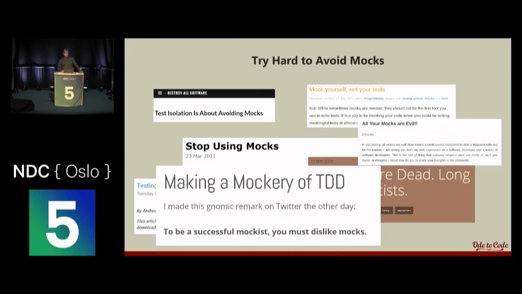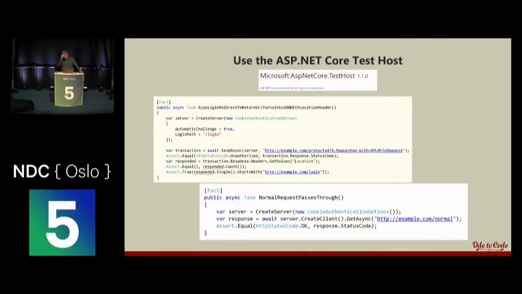So fast forward, I come off that project and I'm starting to look at ASP.NET Core and work with ASP.NET Core, and I'm starting to think about, these controllers, do I really want to isolate them when I test them? It's always such a pain. Well, there's 2 things in ASP.NET Core that I found interesting. One is the ASP.NET Core test host.